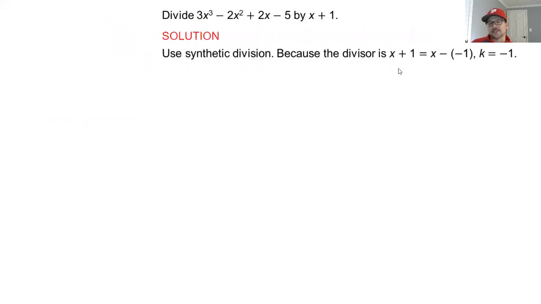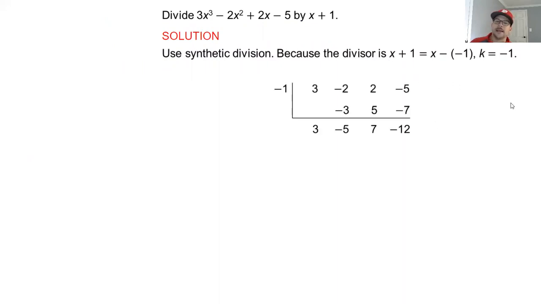So because this divisor is x plus 1, we're going to switch the sign and use -1 as our k value. To set it up, you have a 3, -2, 2, and -5, similar to the coefficients up here. And then you're just going to repeat the process of bringing down, multiplying, bringing down, multiplying, bringing down, multiplying. So bring down the 3, times -1 is -3.